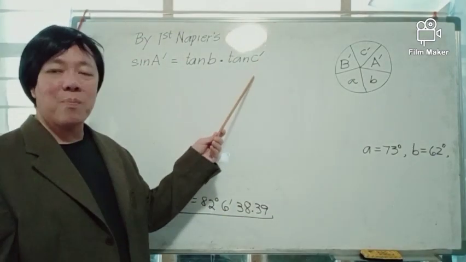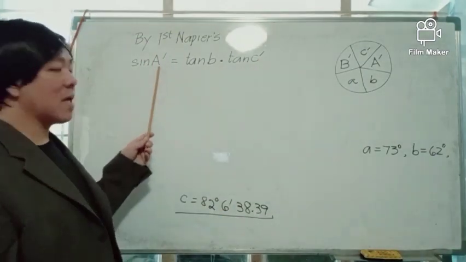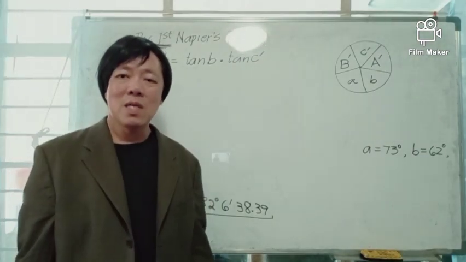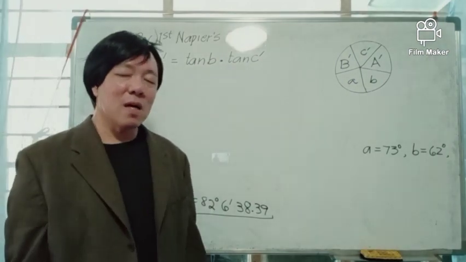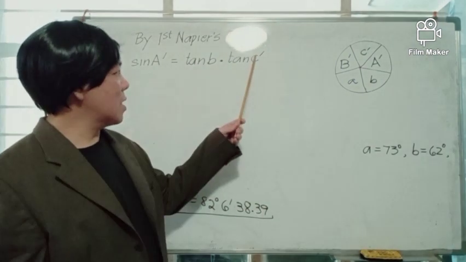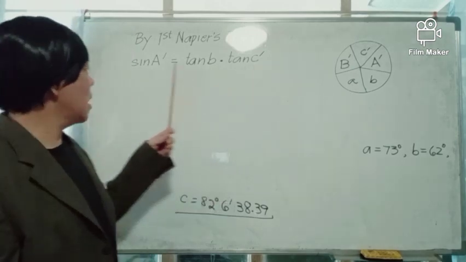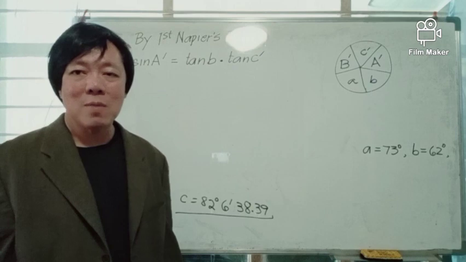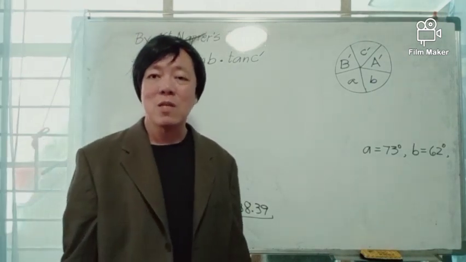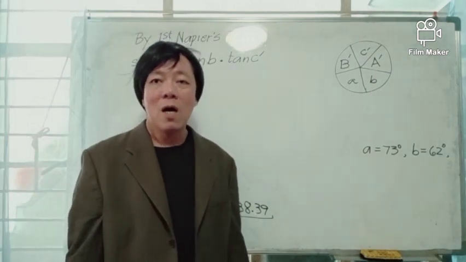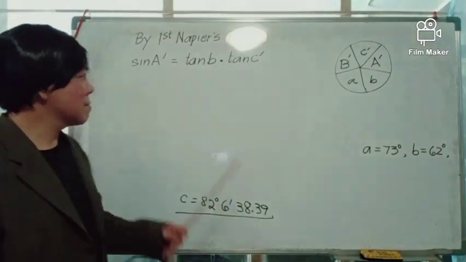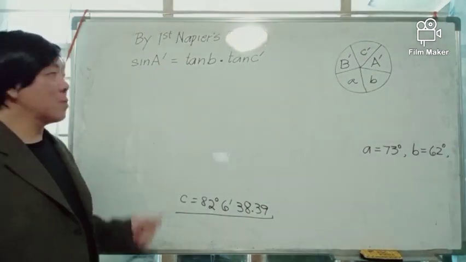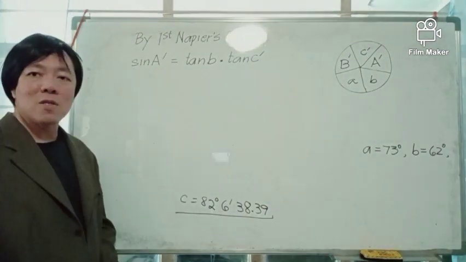But c prime is the complement of c, and capital A prime is the complement of capital A. We use the complement angle theorem to remove the complement of c and complement of A. By the complement angle theorem, the trigonometric function of an angle is equal to the cofunction of the complement of the angle. By the complement angle theorem, sine of A prime is equal to the cofunction of sine, cosine.